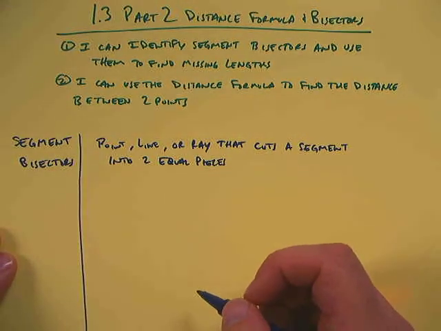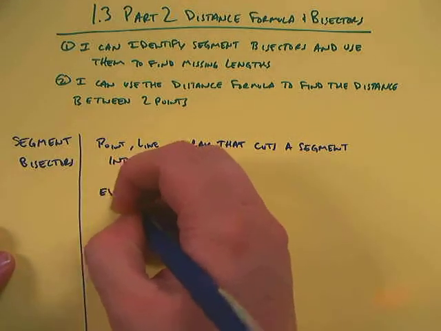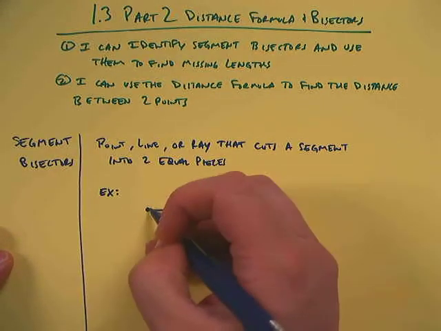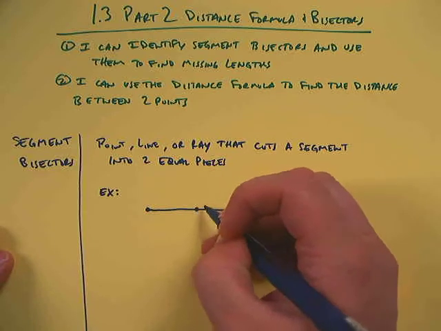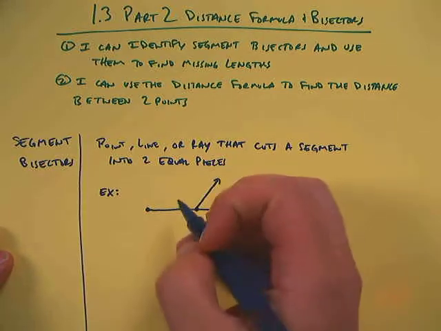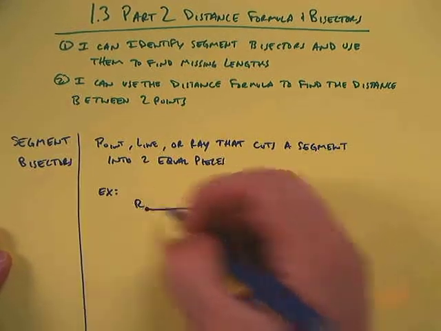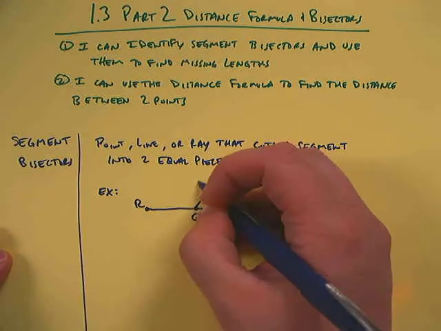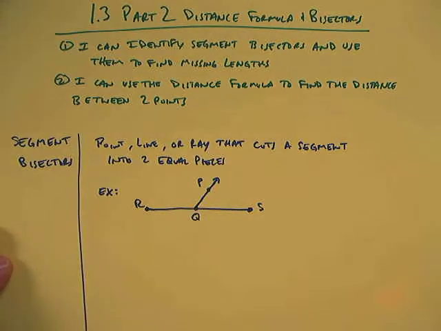So it divides it in half, basically. So for example, let's say I have this segment here. And we have a ray, and we'll call this segment RS and ray QP.